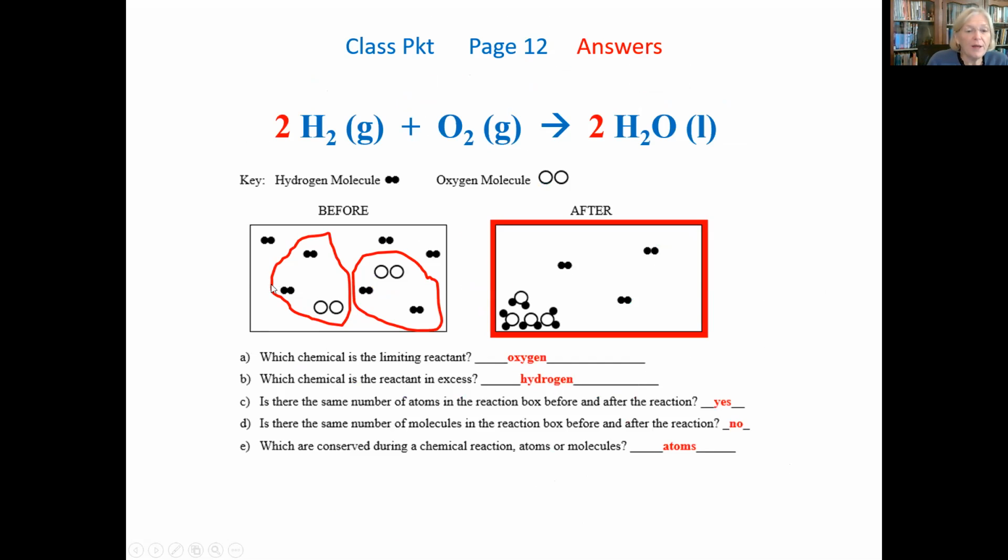Yes, you'll see that making 4 water molecules does use up all of the oxygen, but you still have these 3 hydrogen molecules left over. And so the limiting reagent is the oxygen. We ran out of oxygen while making water. The chemical in excess is hydrogen. And then you think through these 3 questions here at the bottom.